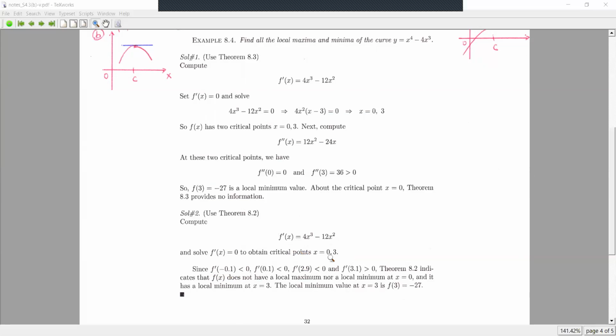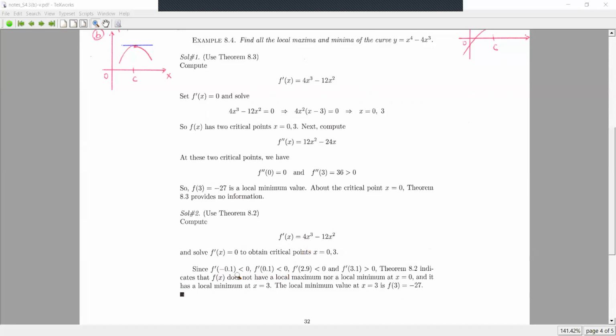On the right of 0, I pick a point close to 0, say 0.1. Plug in 0.1 in the x here. Then again, the derivative at 0.1 is negative. This information says that the derivative doesn't change sign at 0.